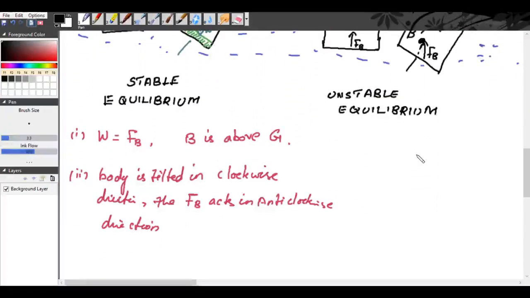So what are the conditions? See, here in the first case we will write one more condition, that is the body comes back to its original position.